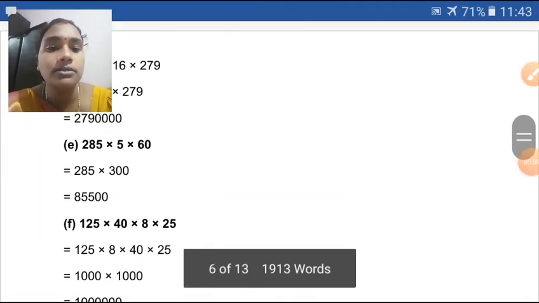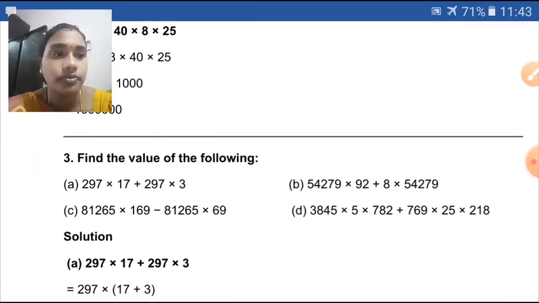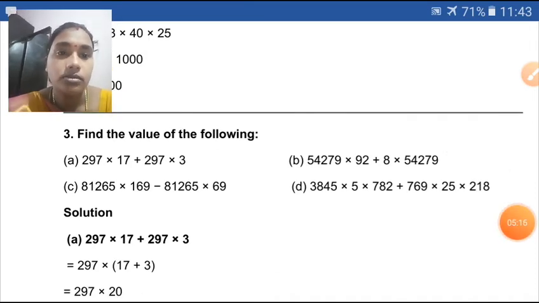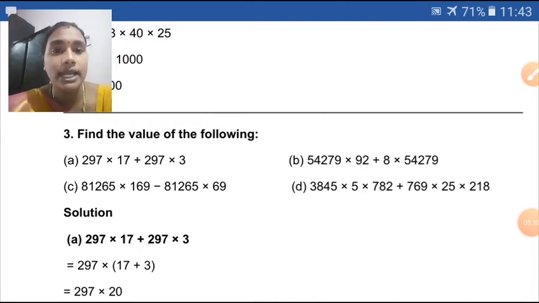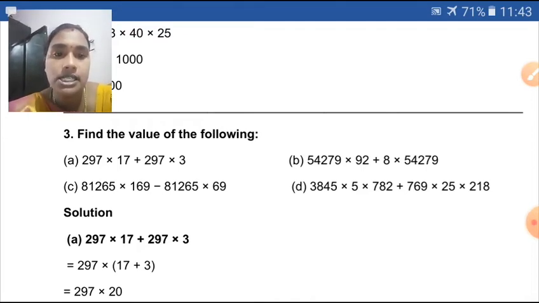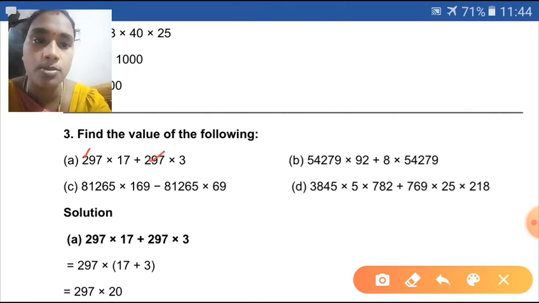Next we will find the value of the following. First we have 297 into 17 plus 297 into 3. What we have in common here is that 297 is common on both sides.